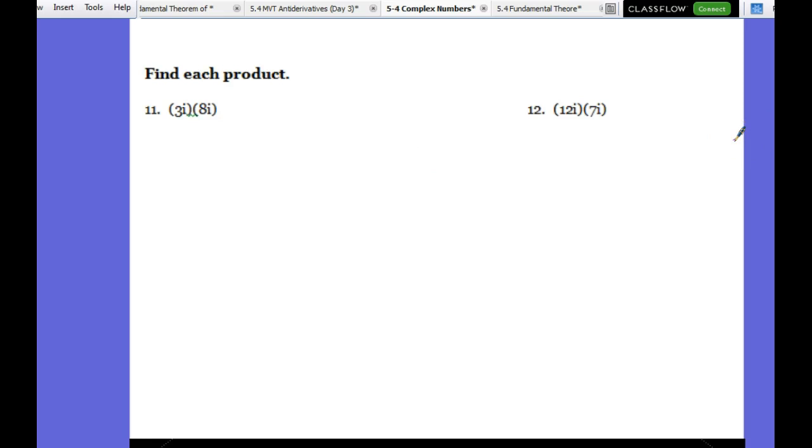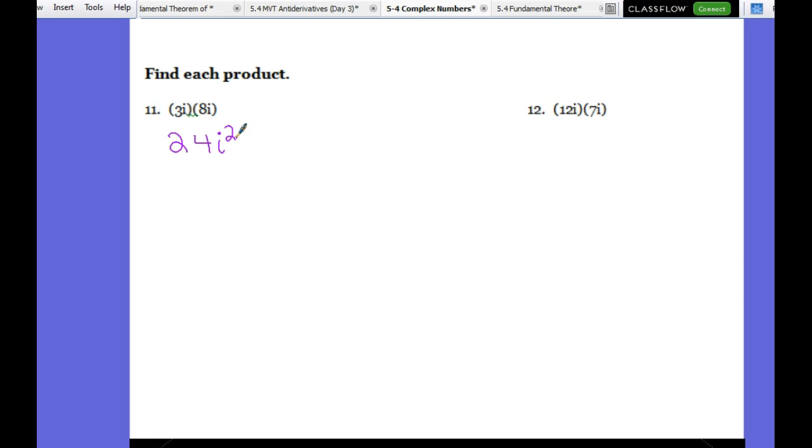So, just like I said, if you took 3x times 8x, you got 24x squared. Now 3i times 8i is 24i squared. But what is i squared?